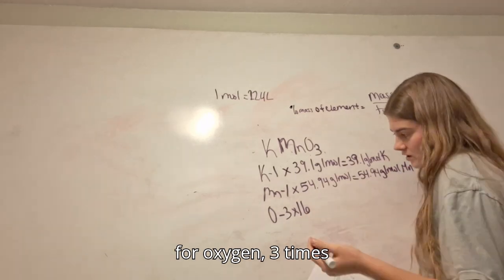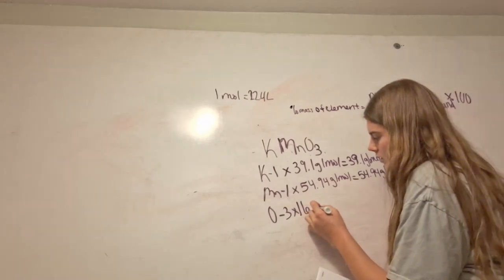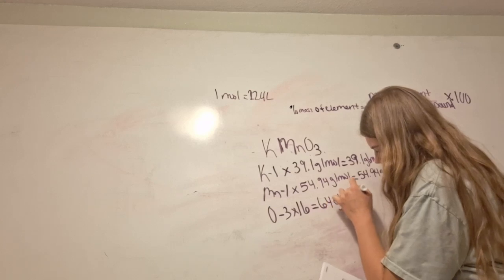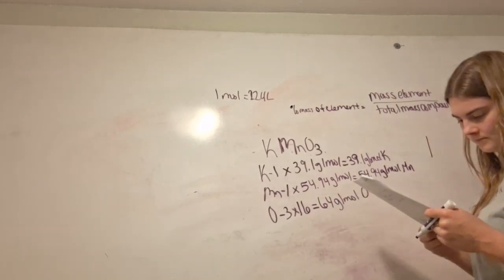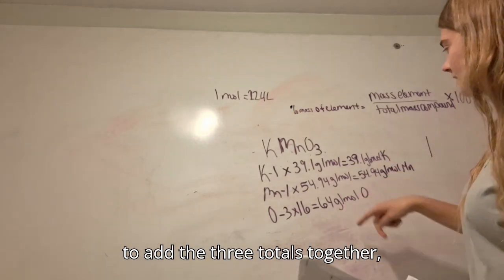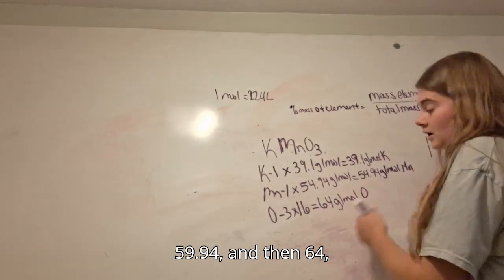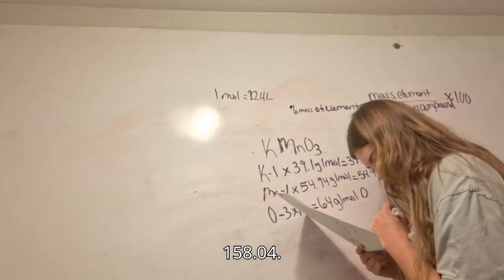And then for oxygen, 3 times 16 equals 64 grams per mole of oxygen. And then, if you guys remember, you have to add the 3 totals together, 39.1 plus 54.94, and then 64, and that equals 158.04.